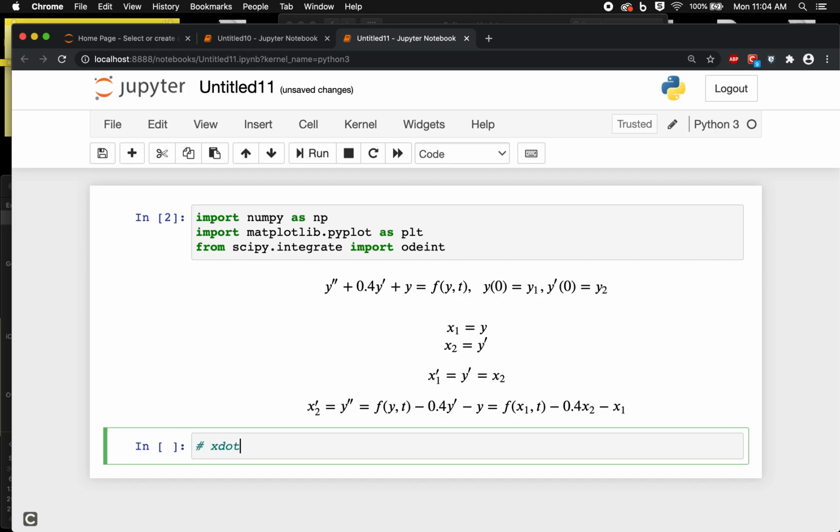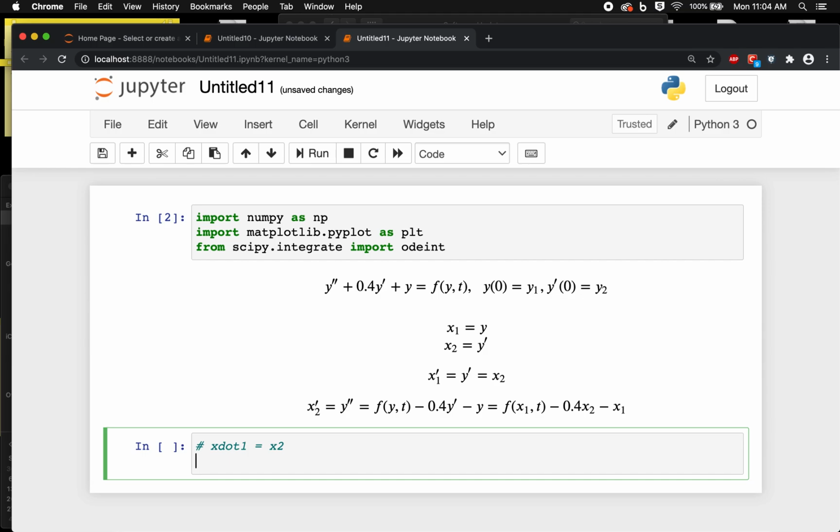We have x dot 1 is equal to x2. And then second, we have x dot 2 is equal to f of x1, t, minus 0.4 times x2 minus x1. And so these are our two differential equations that are equivalent to this second order differential equation up here.